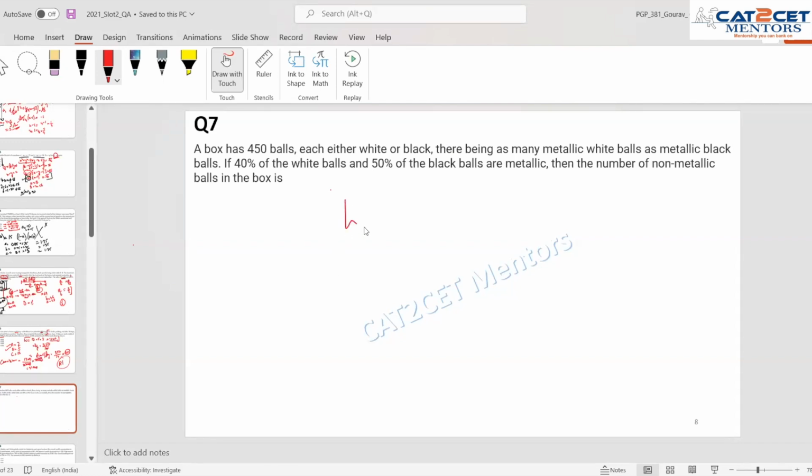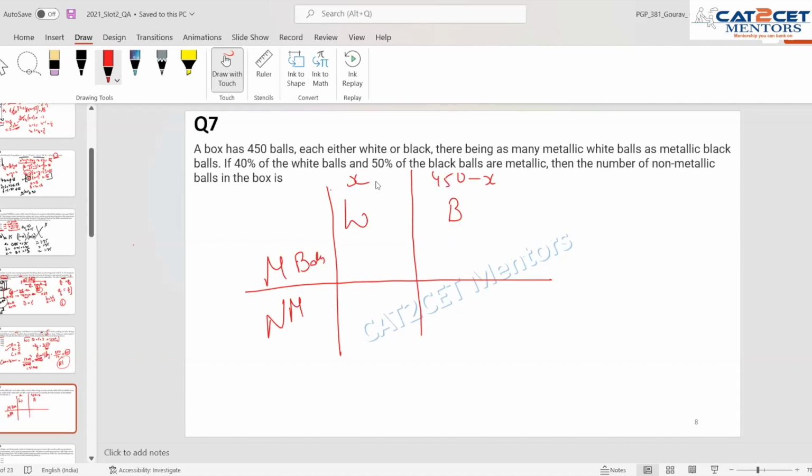Okay, so let's say this is white, this is black, and the number of white balls is x. The number of black balls will be 450 minus x. We are given 40% of white balls and 50% of black balls are metallic.